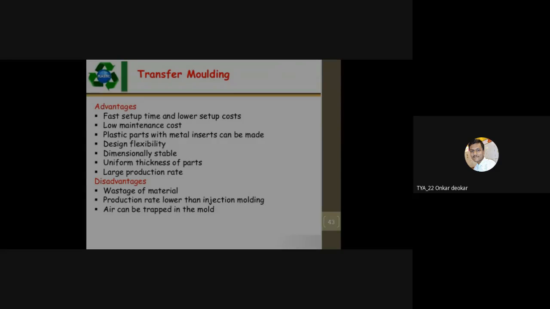Are you getting? Because inertia plays a very important role in reciprocation. Inertia will resist the fast movement of that particular component.